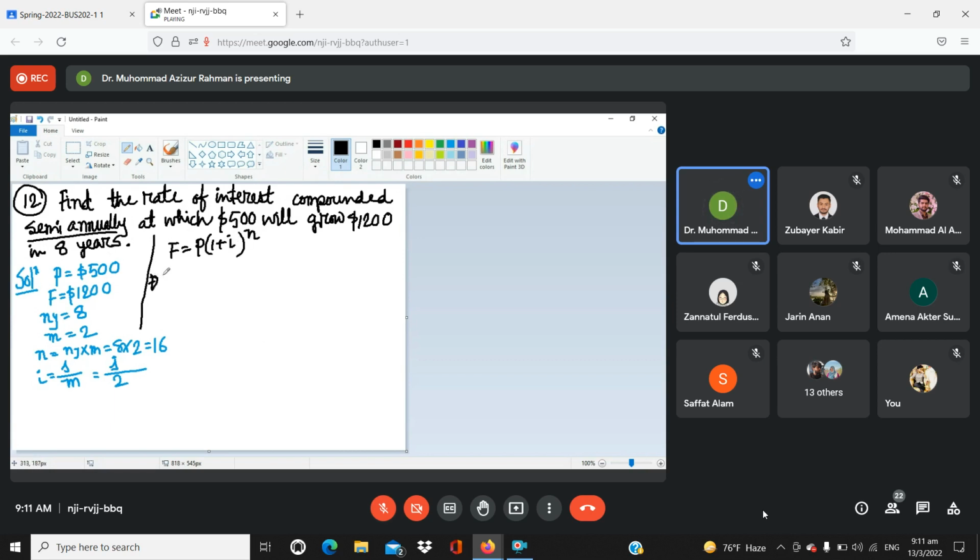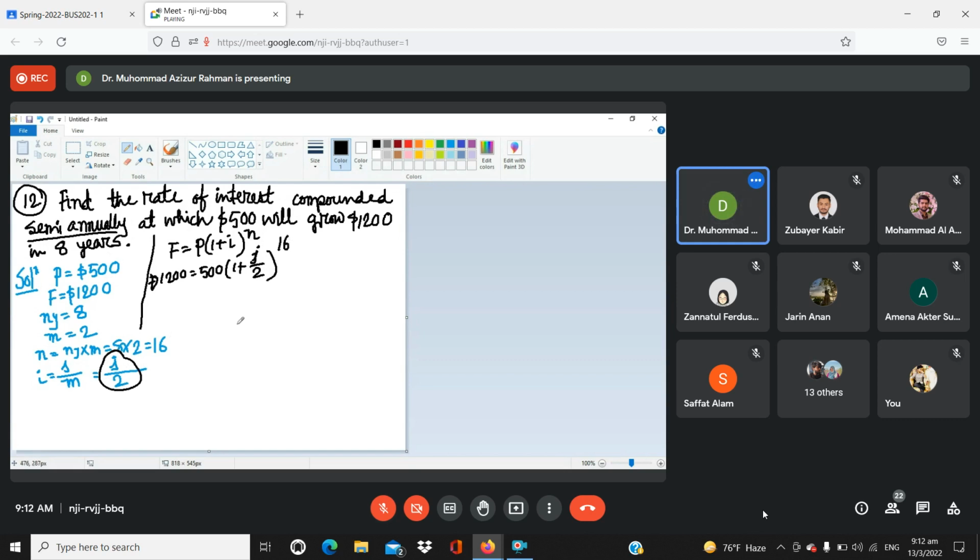So how much? 500. 1 plus i, where i equals j by 2 here. (1 plus j by 2) to the power n. n is how much? 16.